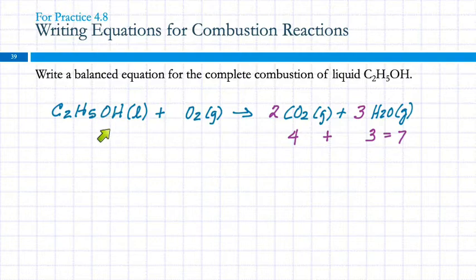I don't want to mess with this one because I'd have to change the hydrogens and carbons, and I already got those all fixed up. So yeah, if I change the oxygen to a 3, that'll give me 6 oxygens here and 1 over there, which is also 7. So this one ended up not being very messy. Any questions?